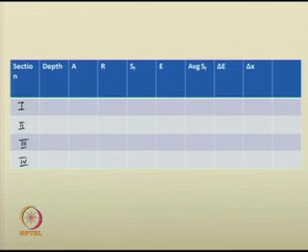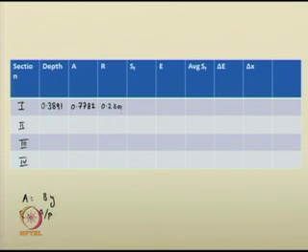So, at section 1 the depth is 0.3891, you already know it is the critical depth. The corresponding area A, you compute it, you will get 0.7782. The corresponding R, this is equal to A by P, I had got it as 0.2801.